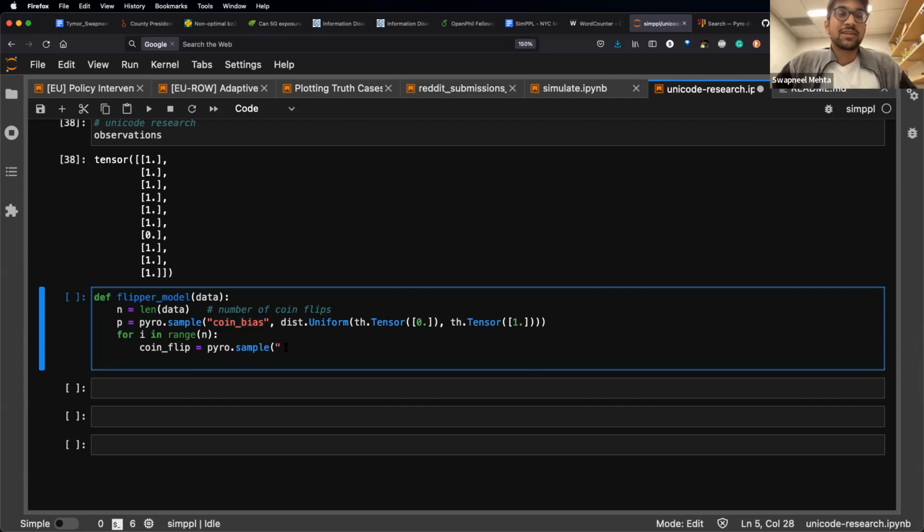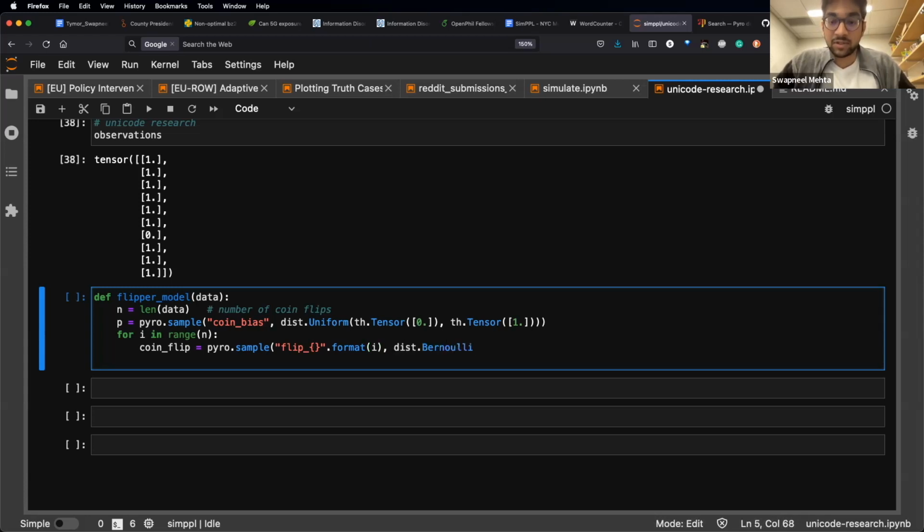Maybe I should have been clear about this before: now this is a flip, and we're sampling multiple flips. Every new random sample has to have a different name, which is why I'm adding this i here. But you are right that this has to be dist.Bernoulli.